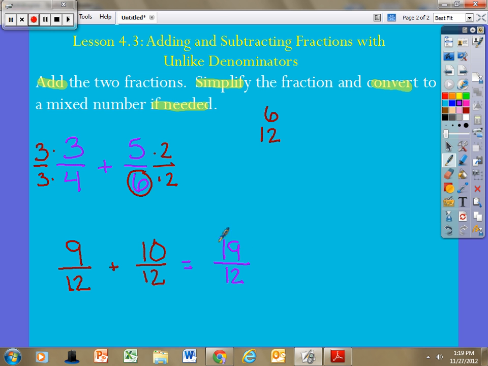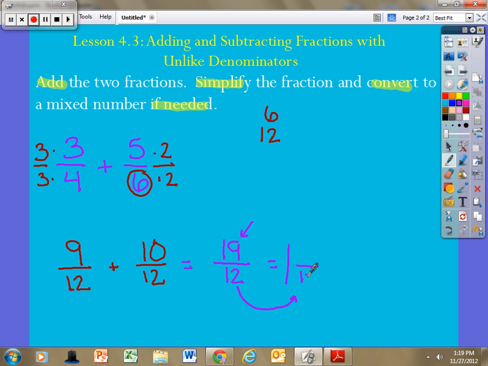Okay, I see right here this is an improper fraction because the numerator is greater than the denominator. So I want to convert this to a mixed number. All I do to do this is say 19 divided by 12. Or I could say, hey, how many times does 12 go into 19? Well, it goes one time. I always think about the denominator: it travels with me, so the denominator is not going to change.